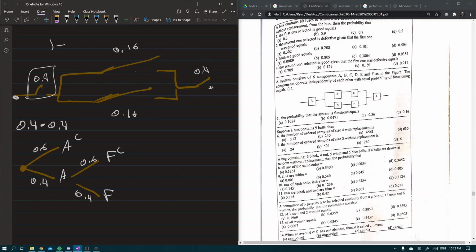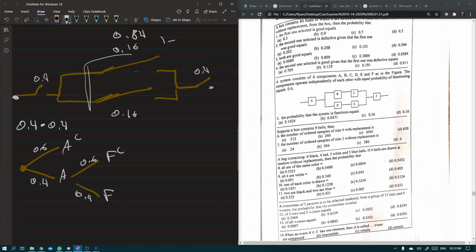So basically you want the probability of the whole thing working, not the opposite. So the probability of this whole thing working is 1 minus the probability of both of them not working. The probability that this works is 0.16, so the probability of it not working is 1 minus 0.16, which is 0.84.